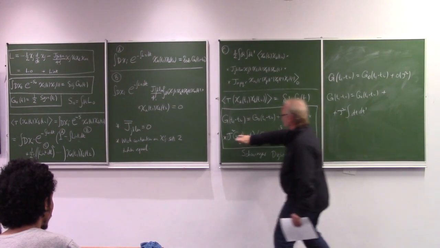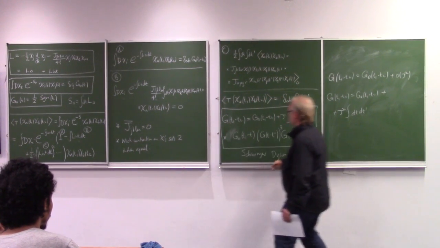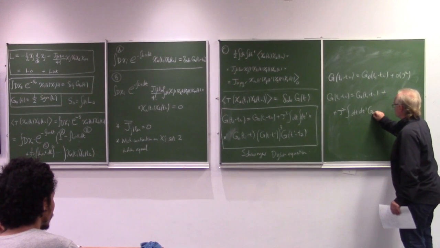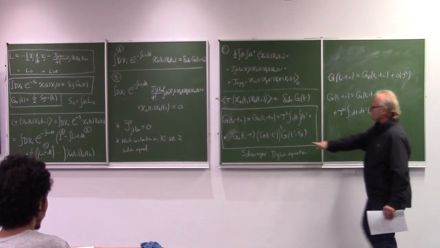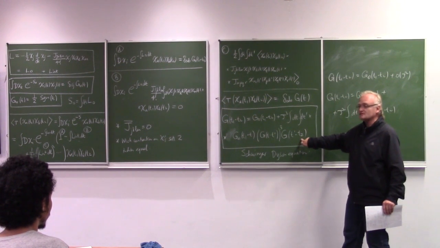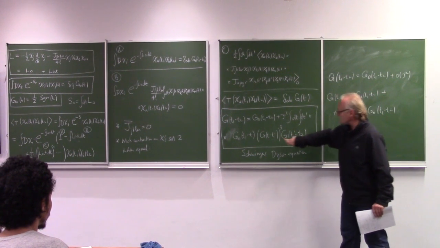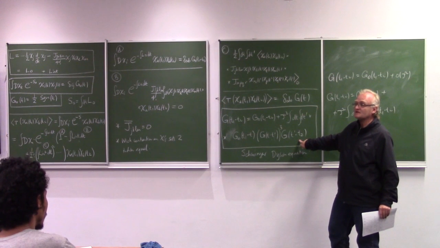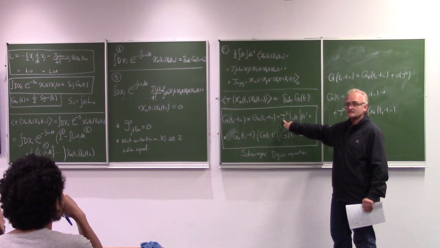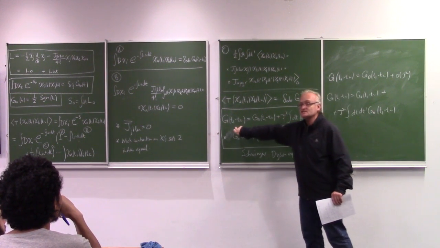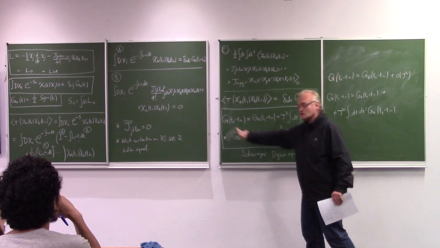Oh, I've got the j squared. G naught of t1 minus t. And now for each of these, I'm not going to write G, I'm going to write G naught. When I write G naught, how big an error am I making? J squared. Everyone happy? But it's multiplied by j squared. So how big an error do I have in G? J to the 4.